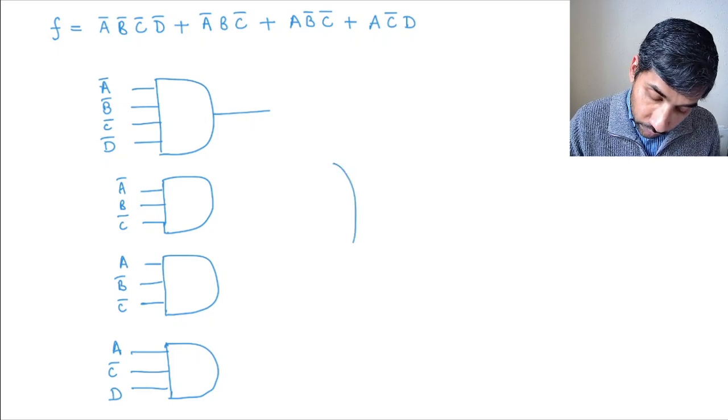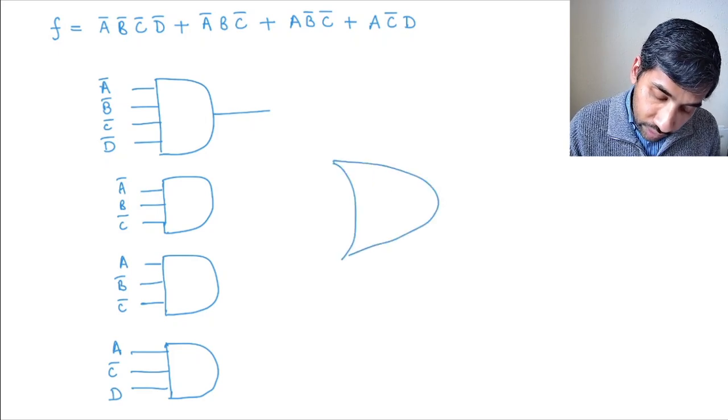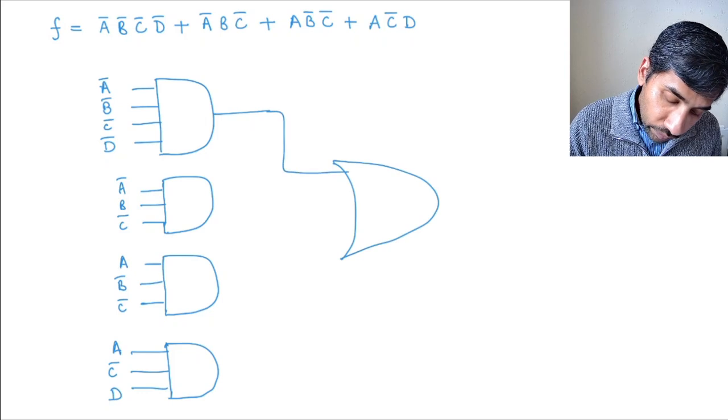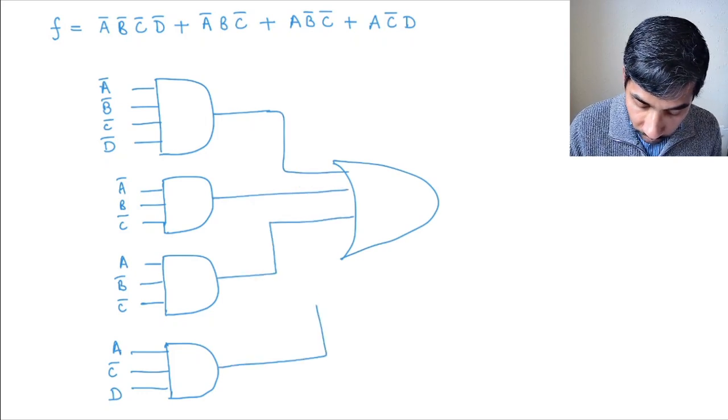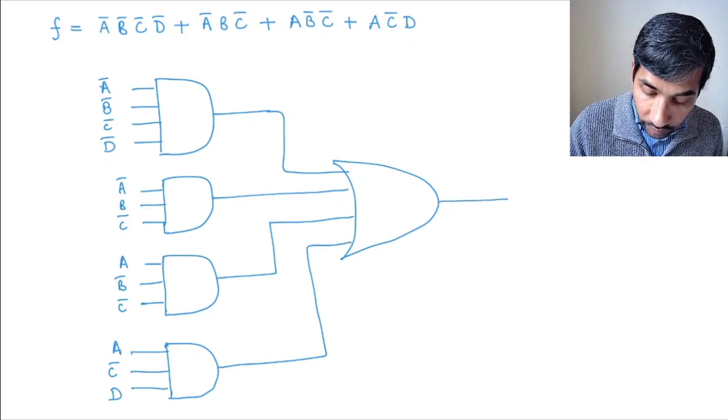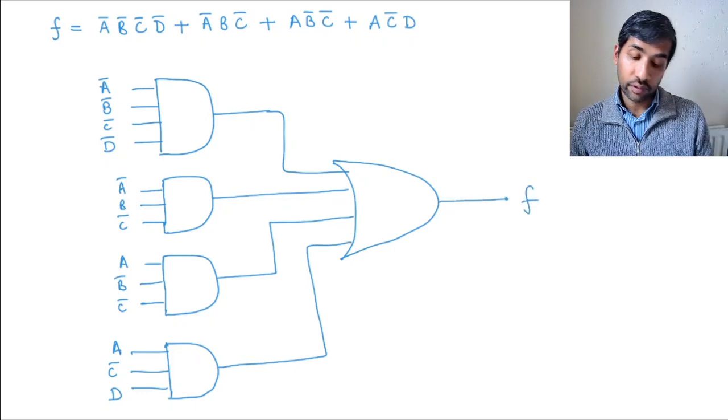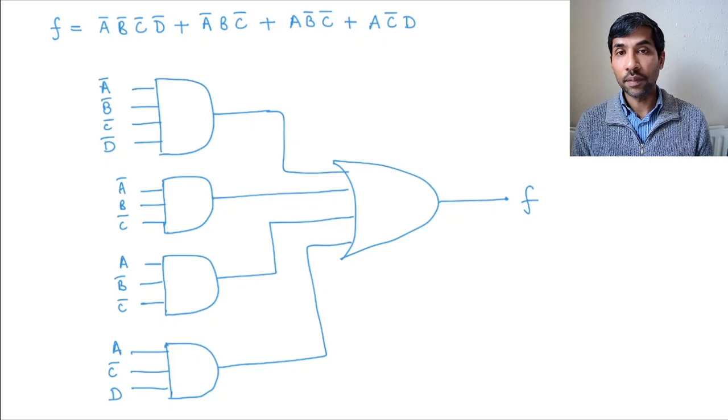And then you can take all of this and send it to an OR gate. If you have a 4 input OR gate, you can just draw it like this, and that's going to be your F. So that's a very simple implementation.